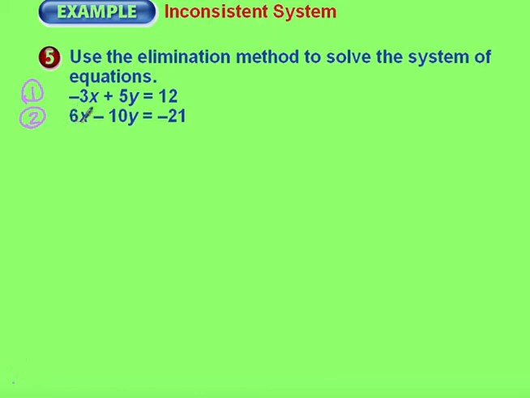So let's just try to get rid of the x's. So I'm going to multiply the top one only by 2. That'll give me 6's. So that's going to give me negative 6x plus 10y. Don't forget that right side gives me 24. The second equation I'm going to leave alone.